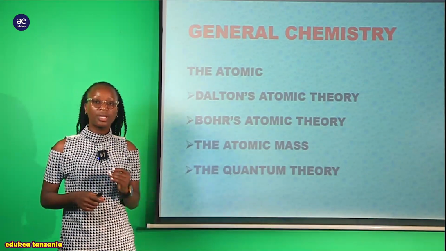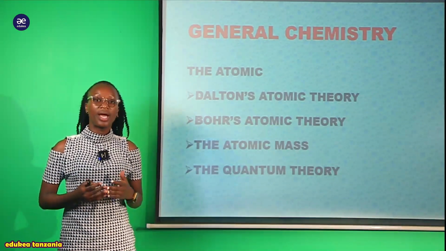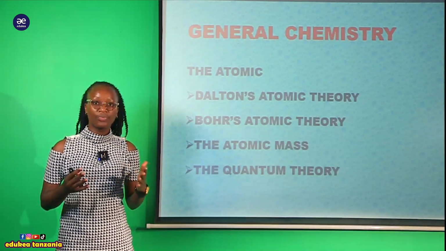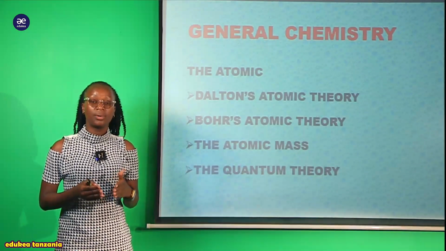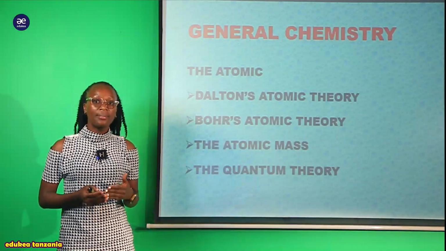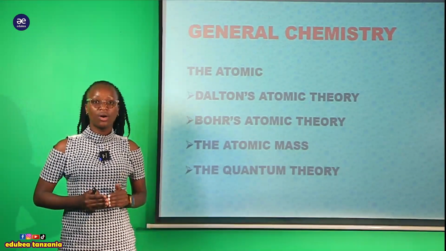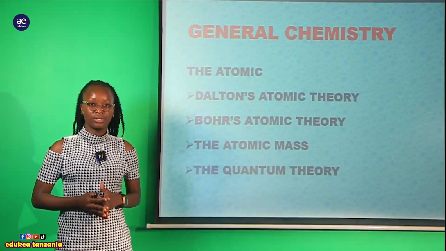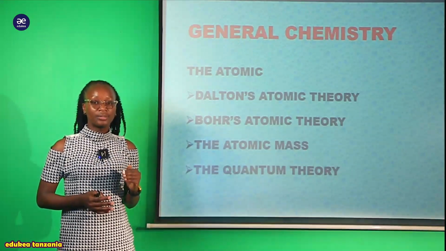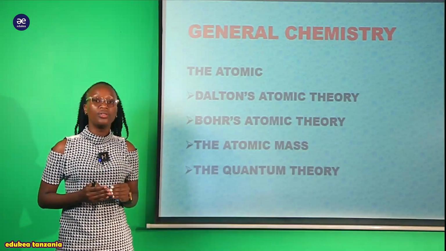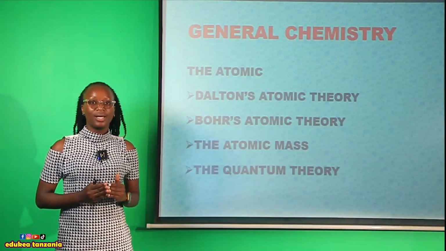But in Bohr's atomic theory, he tried to come up with the kind of spectral line, the kind of energy, the kind of radiations or electromagnetic radiations. And my students, in a previous session, we tried to look at the nature of electromagnetic radiation. And one example of electromagnetic radiation we looked at is the concept of light.